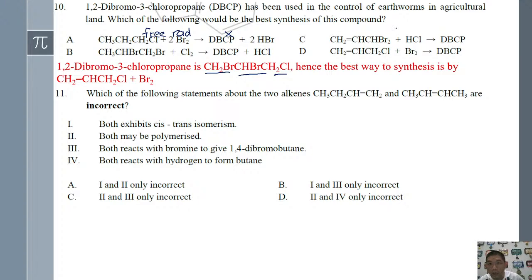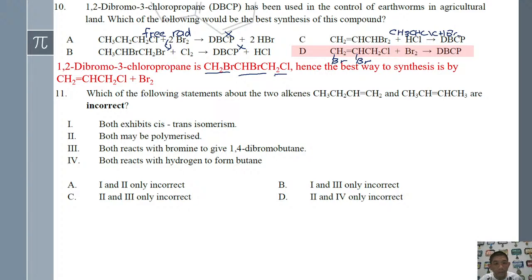We follow the Markovnikov rule, so the product formed is CH3, CHCl, CHBr2. Whereas this one is also a free radical reaction, so you might not get the best result. Therefore the best answer in here is D. After you add the Br2, you form the dibromo in here. Okay, so that is for question number 10.